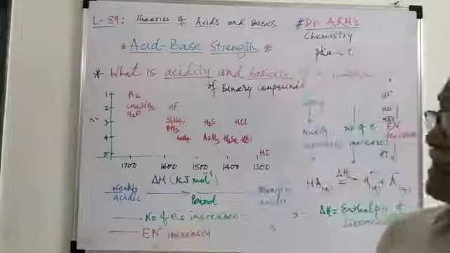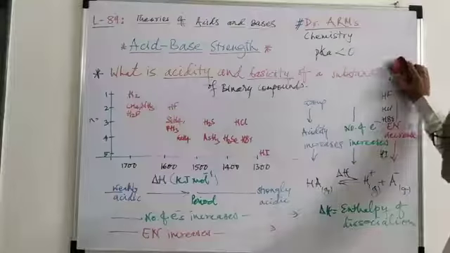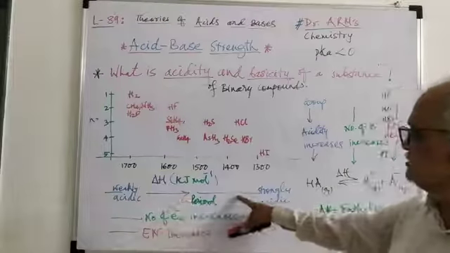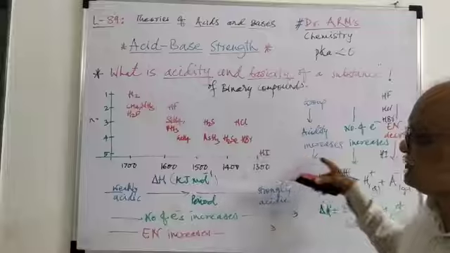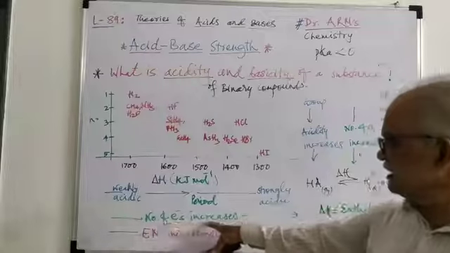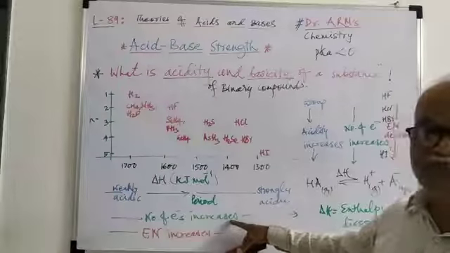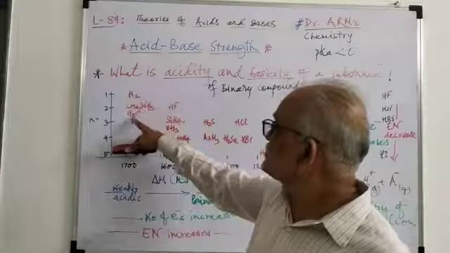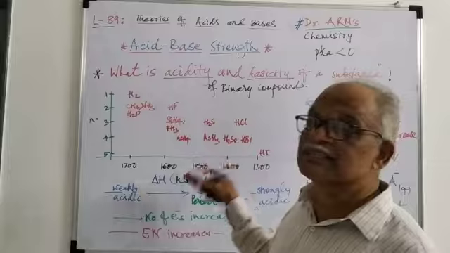Now, if we see some other examples, along a period the acidity increases from left to right. Along this period, the number of electrons increases in the central atom, that is carbon, nitrogen, oxygen, chlorine, and so on.